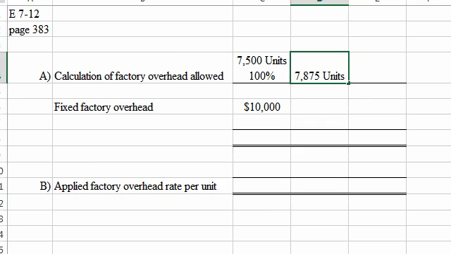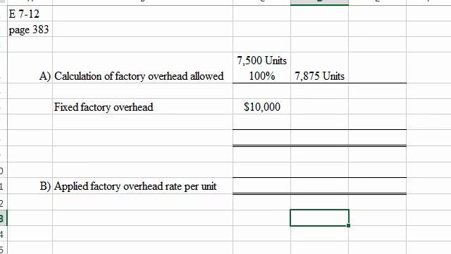Okay, I'm going to leave that there for now. What we want to know is what percentage of 7,500 is that. So I'm just going to drop down to this space to figure it out.